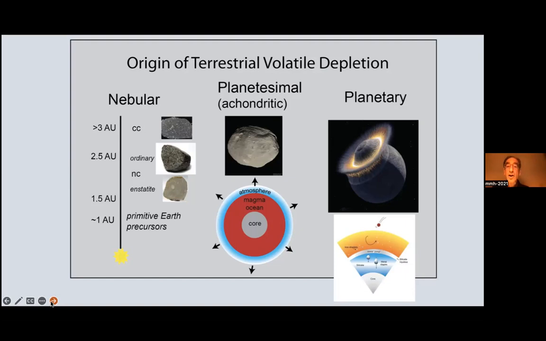And at least for carbon, it seems that this was a really profound loss process.